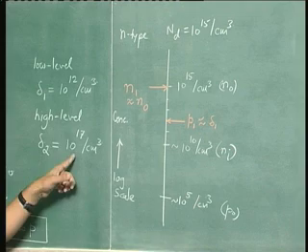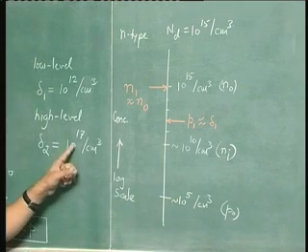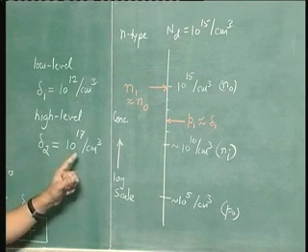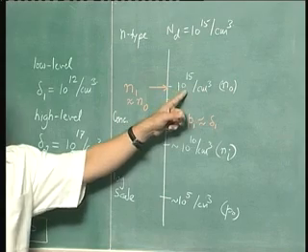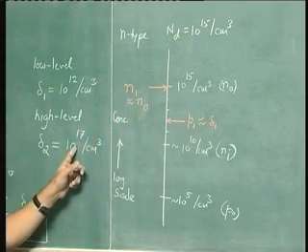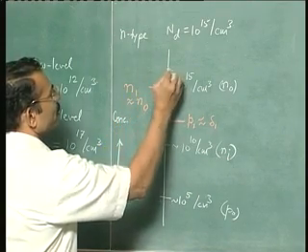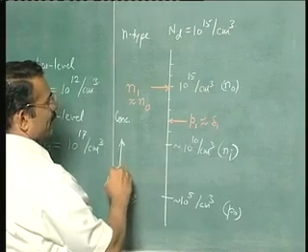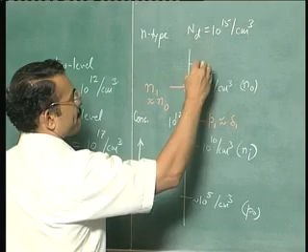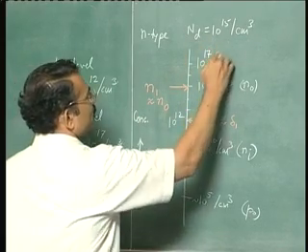Your hole concentration is 10 power 17 plus 10 power 5, which is 10 power 17 itself. And the electron concentration is 10 power 17 plus 10 power 15, which is again 10 power 17 itself, because 10 power 15 is much less than 10 power 17. So what you find is electron and hole concentrations both are almost the same. So this is 10 power 17, the value is in per centimeter cube.